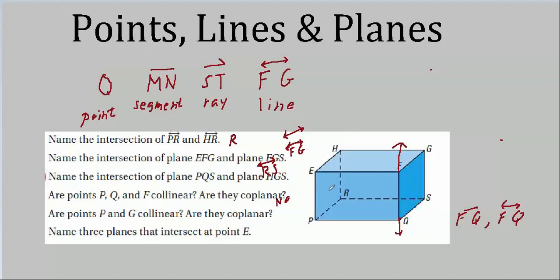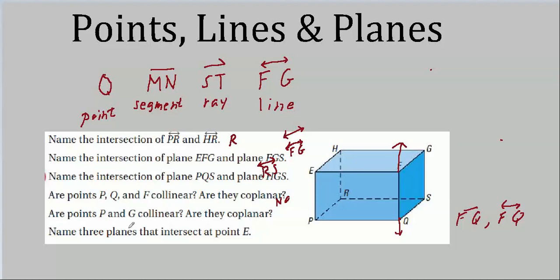A line could be in lots of different planes. So, in this case, P and G, we don't have an actual plane drawn in here which contains P and G, nor do we have a line which contains P and G. But 2 points can always be collinear, and they can always be coplanar also.